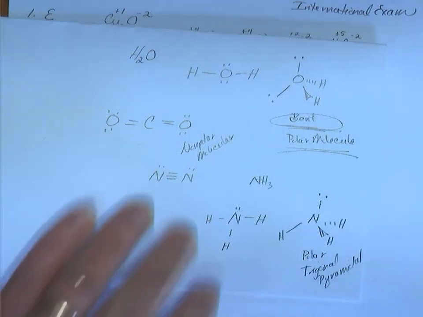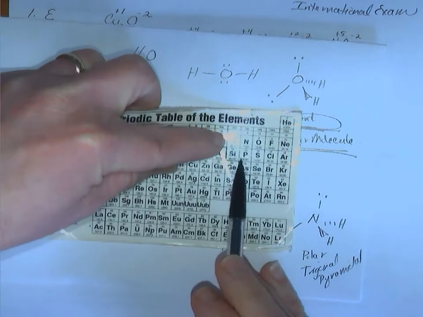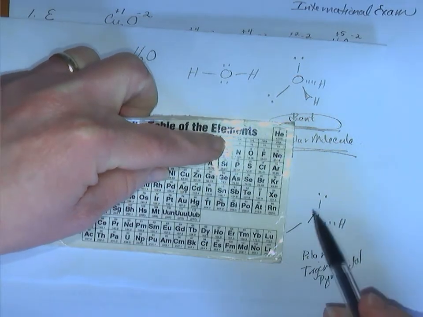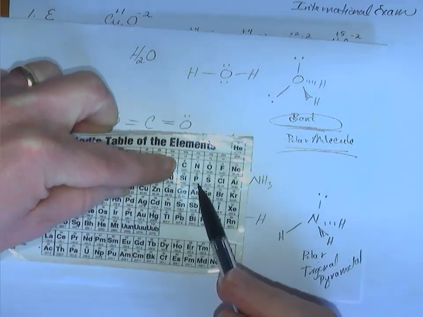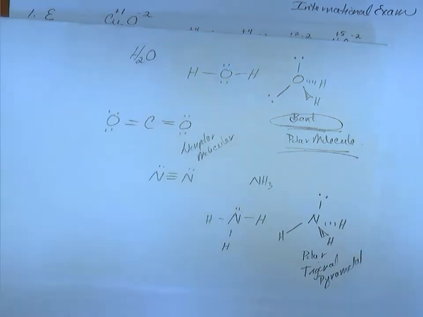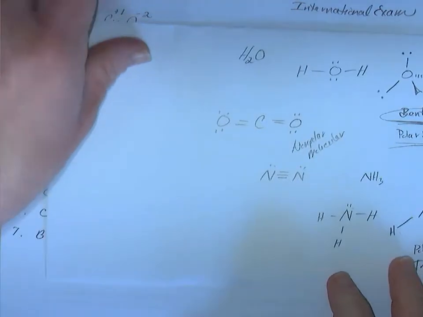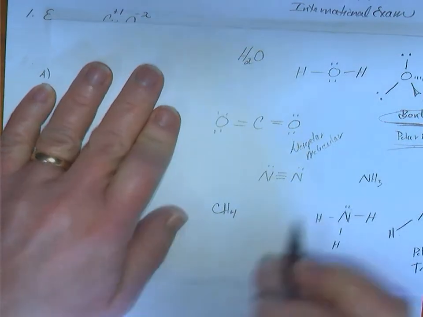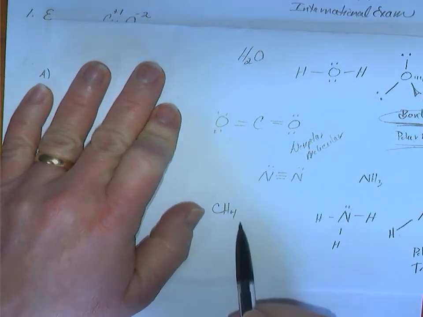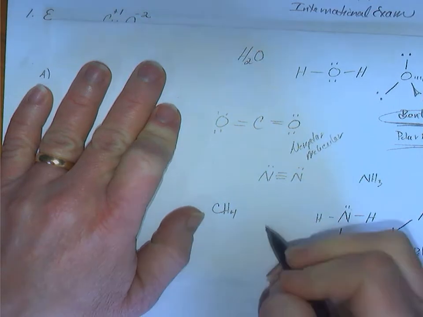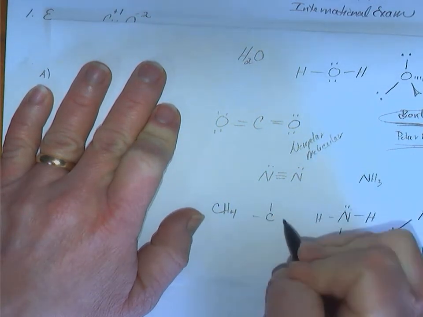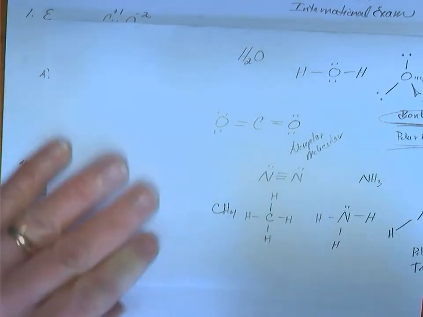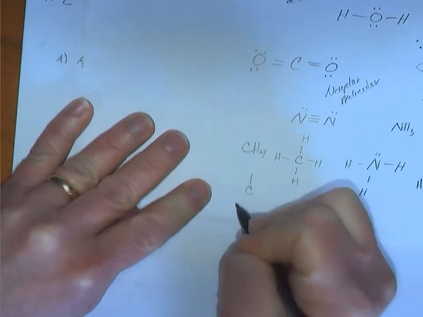Often the College Board will substitute in phosphorus for nitrogen, which of course will have the same number of electrons for bonding. So PH3 would show this same geometry. The other that is really good for us to know the geometry of is methane. And of course we can substitute out different halogens for the hydrogen, but it's good to know that carbon here will form 4 single bonds with the hydrogen, and that will be a tetrahedral geometry.